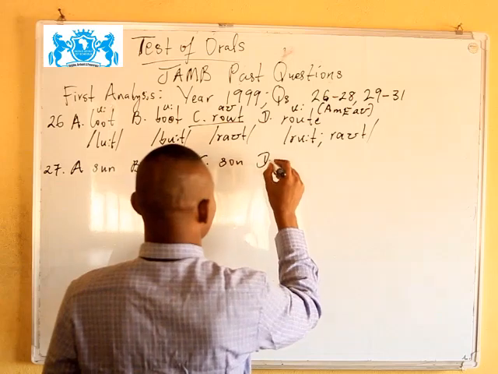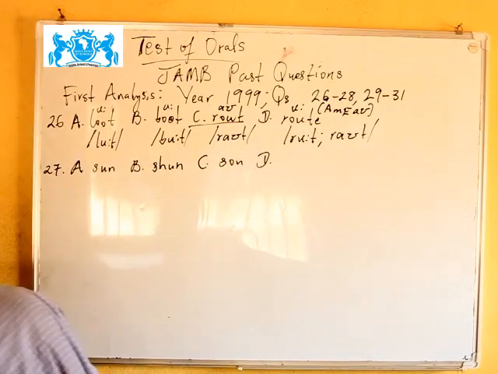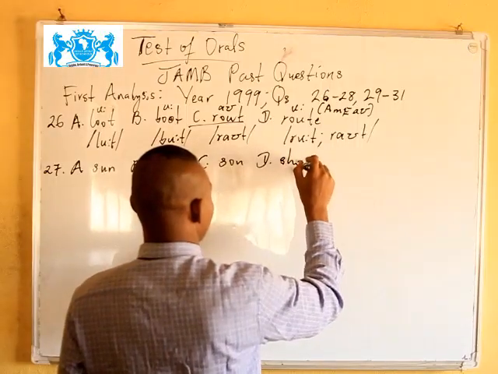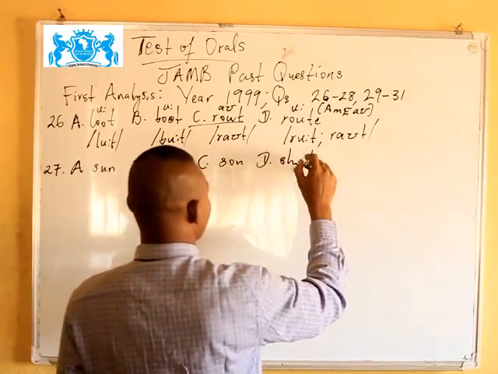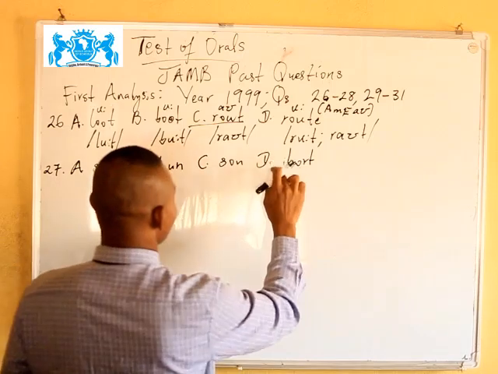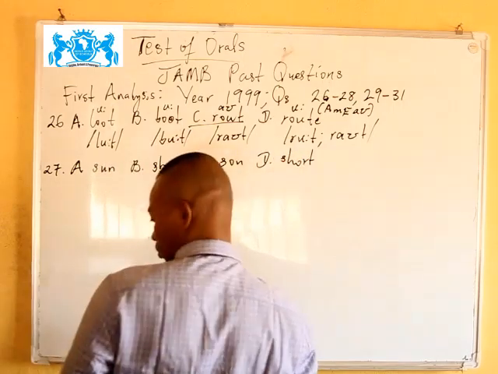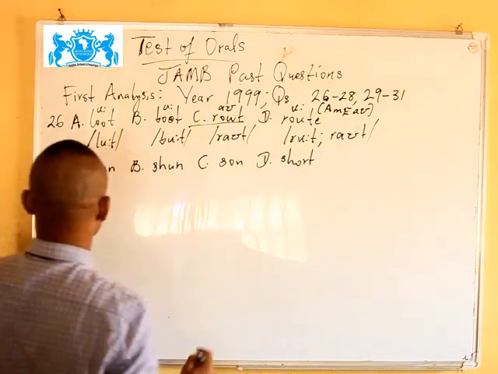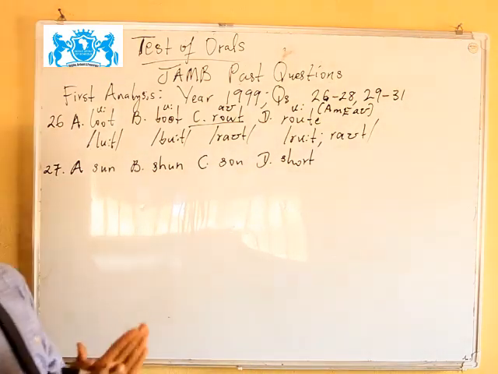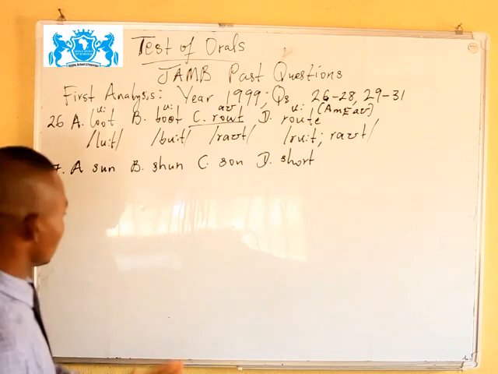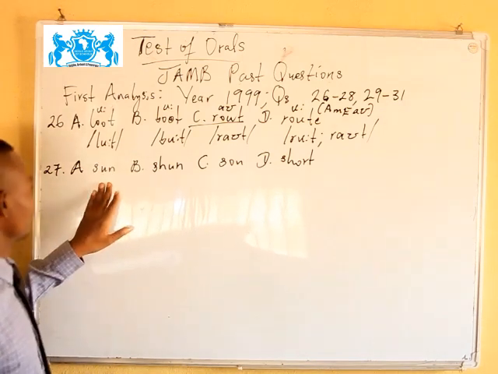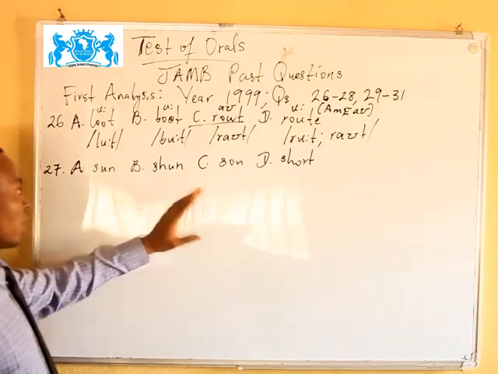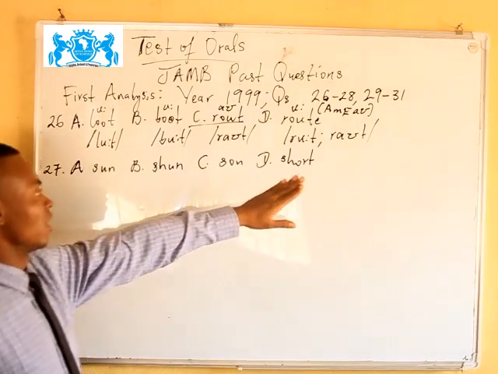D as S-H-O-R-T. Okay, we pronounce to get the answer before we analyze. We have this, we call it sun. This is shun. This is son. This is short.